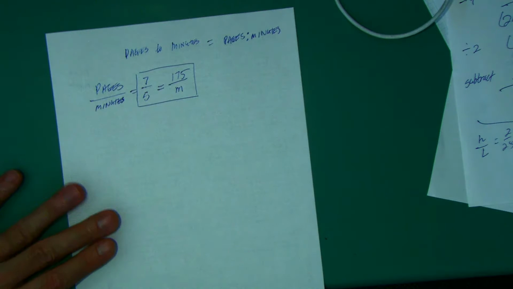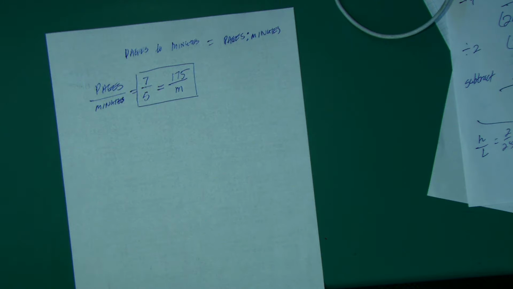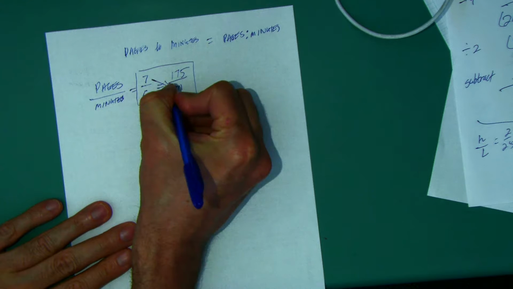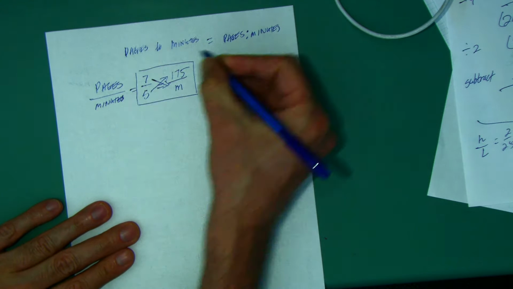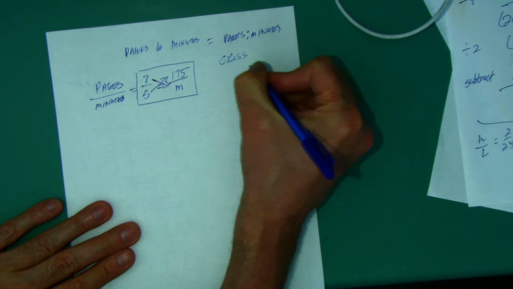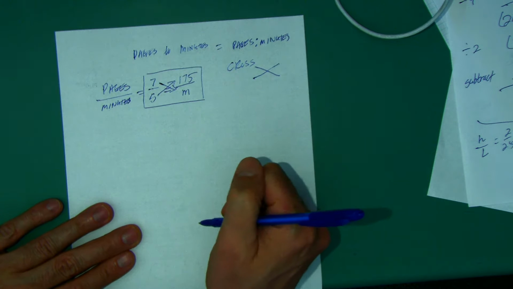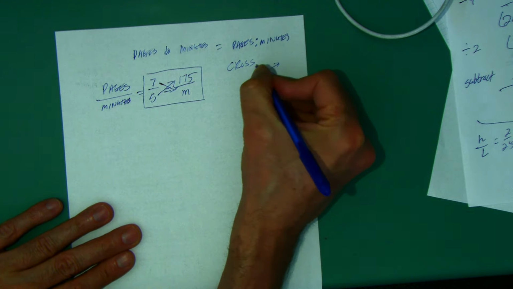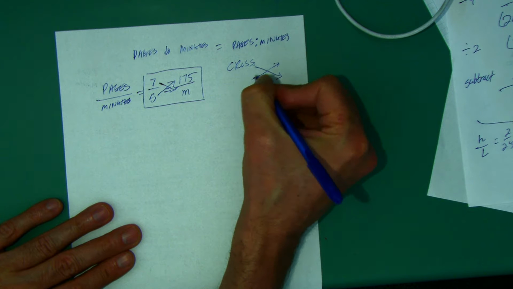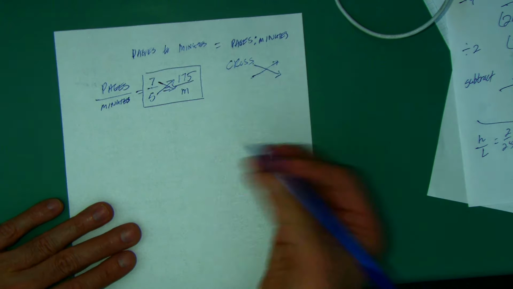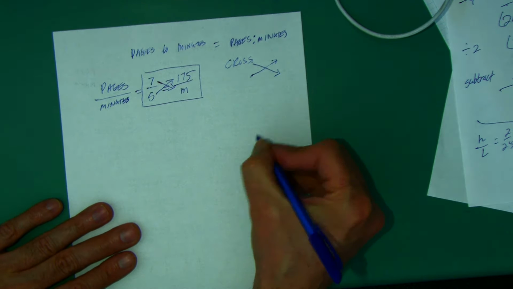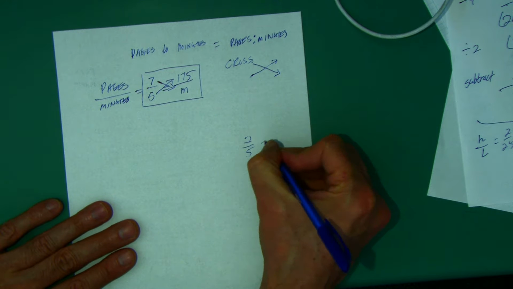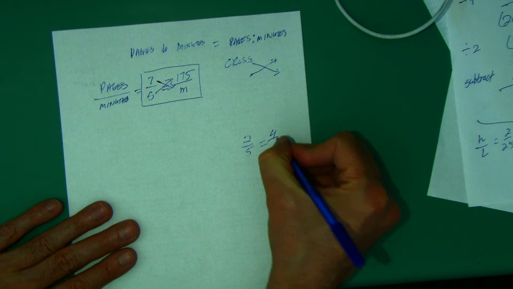Now to solve a proportion, remember the technique that we are using is to cross multiply. Cross multiply makes a cross. You go the top over here times the bottom over there, and the bottom over here times the top over here. Let's say that you know that 2/5 is the same as 4/10.